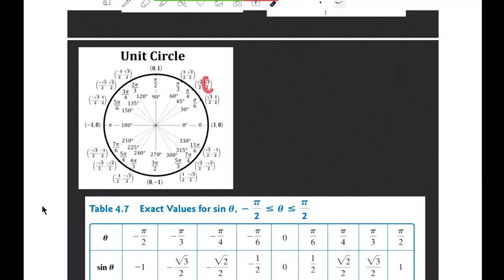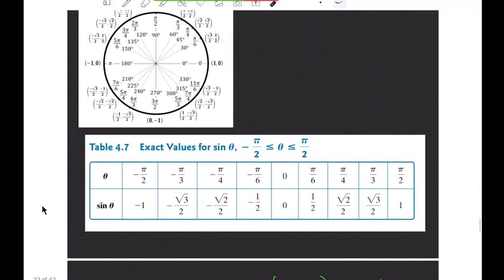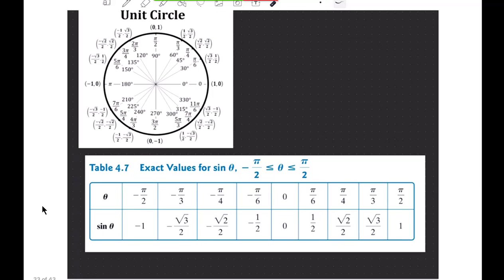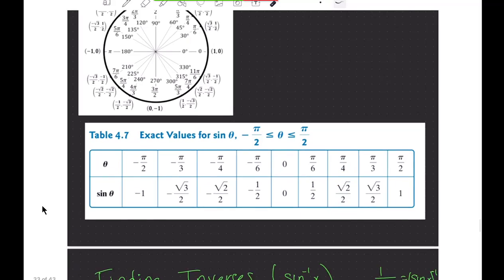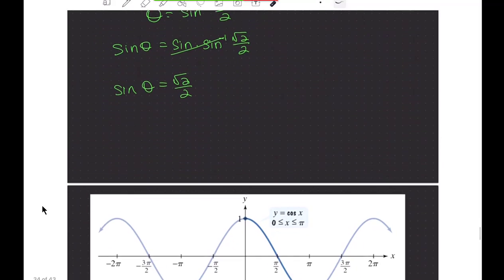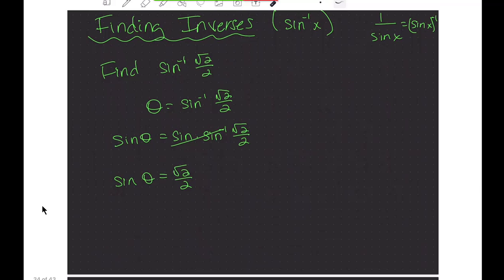So square root of 2 over 2 is pi over 4. Or if you made the little table, square root of 2 over 2 is pi over 4. So we're going to get pi over 4.